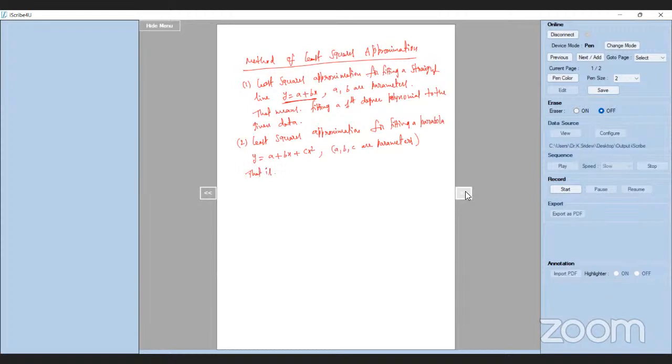Fitting a parabola means fitting a second degree polynomial to the given data.